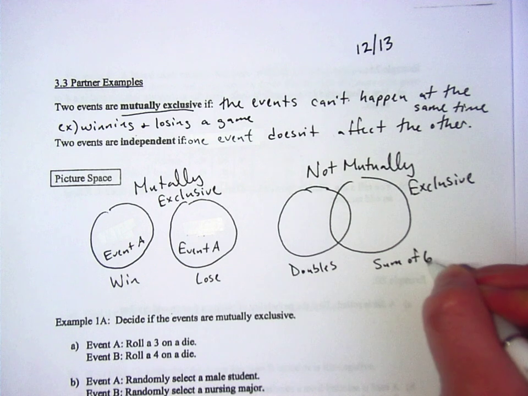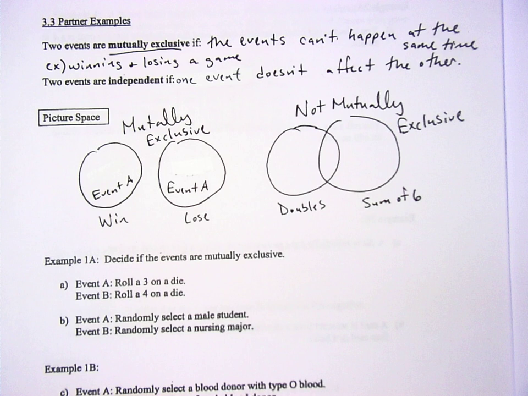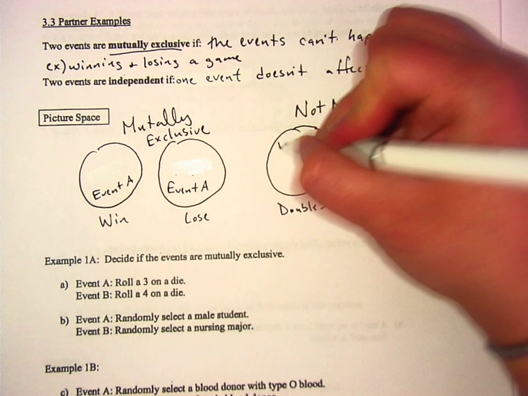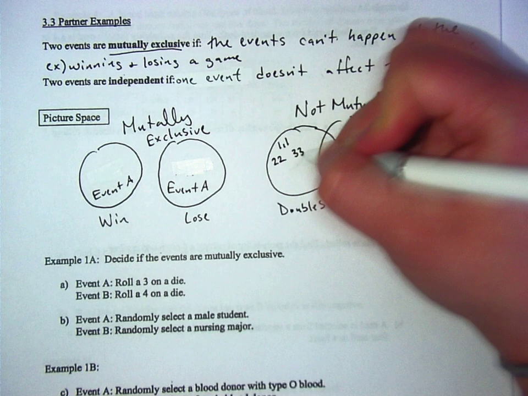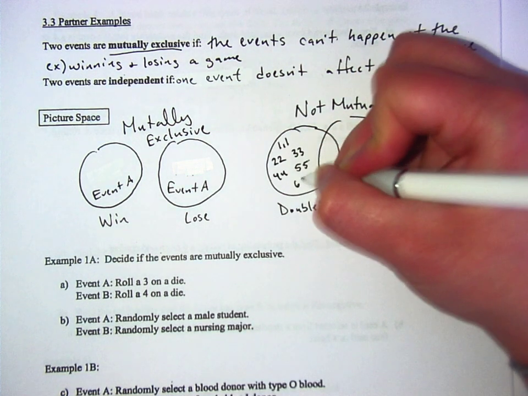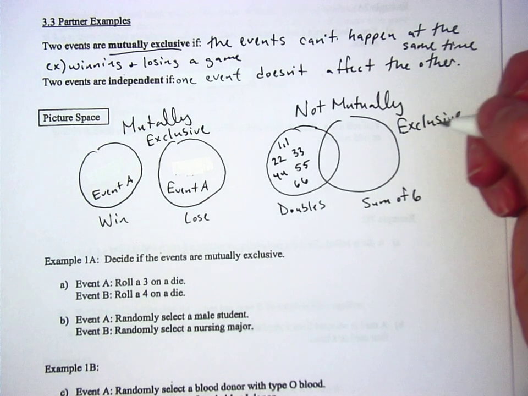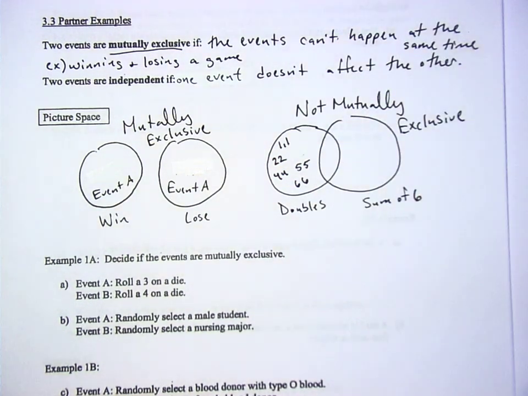Okay, so what options could you have to get you doubles? 1, 1, 2, 2, 3, 3, 4, 4, 5, 5, 6, 6, right? And what would get you a sum of 6? Oh, okay, so 3 and 3 belong in both, is what you're saying?